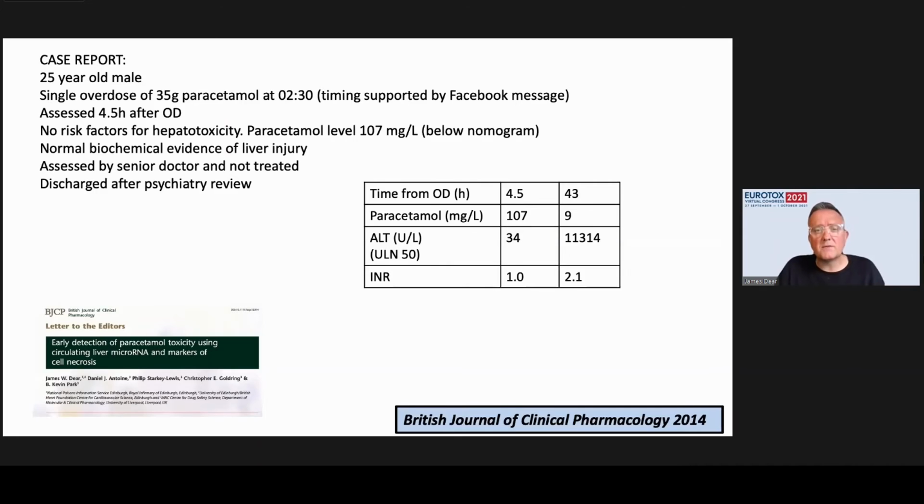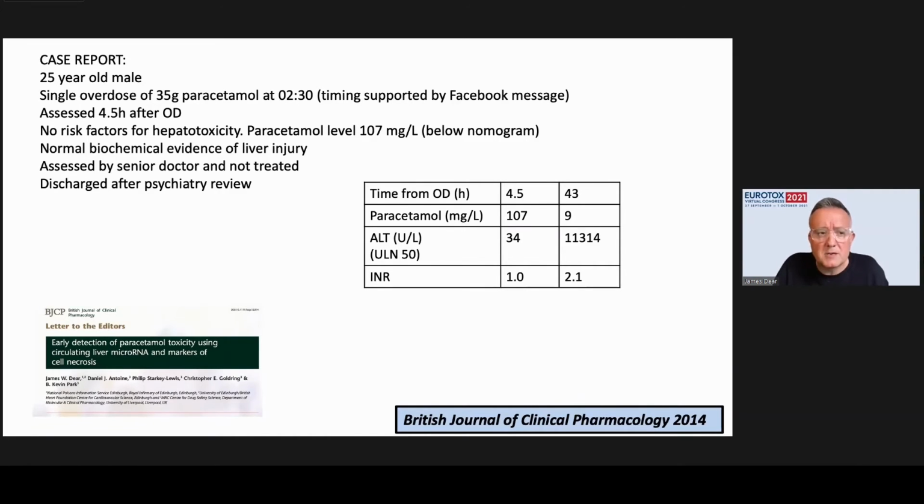At this stage, it's often useful just to give a real clinical case to bring it to life. This is all real. This is a 25-year-old man who took a large overdose of paracetamol at 2:30 in the morning. He'd written a message on Facebook, as is the modern way, and that confirmed the timing was 2:30, because if you think back, it's very important we understand the timing.